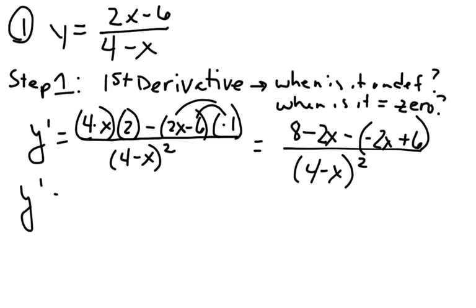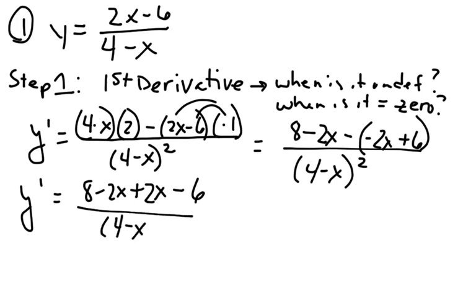Y prime is equal to 8 minus 2x plus 2x minus 6 all over 4 minus x squared. Oops, square outside the parentheses. And so this is 2 over 4 minus x squared.